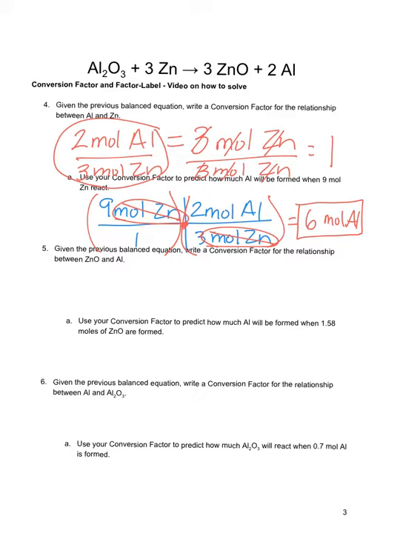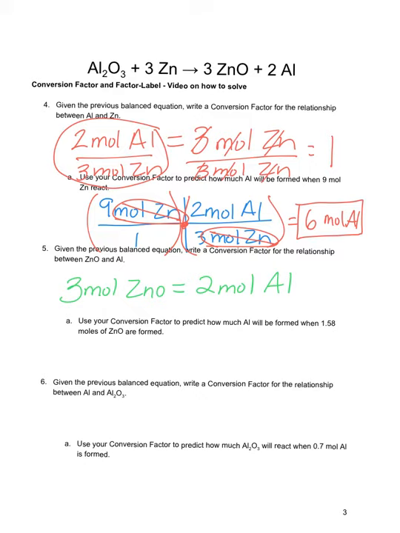For the next one, it says write the conversion factor for the relationship between ZnO and aluminum. If I look at the coefficient in the front, it's 3 moles of ZnO and 2 moles of aluminum. I'm just going to leave my conversion factor like that.